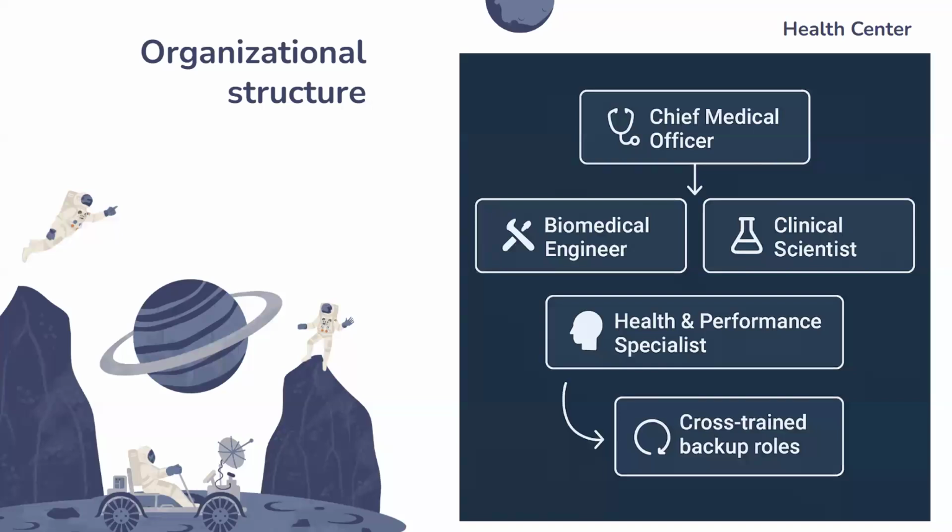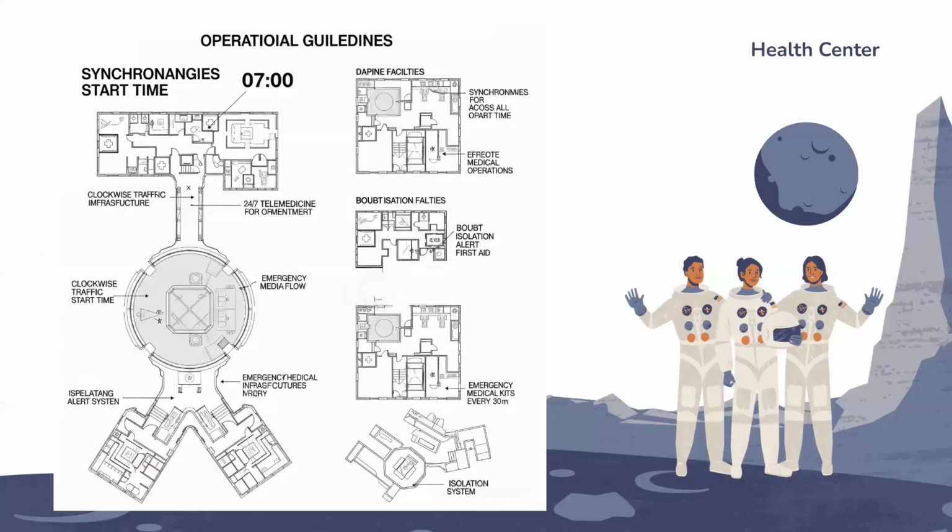And at the end, cross training: each member is trained to fulfill at least two secondary roles in addition to their primary function. For example, the CMO can perform lab diagnostics. And this is the organizational structure specifically for the health center.